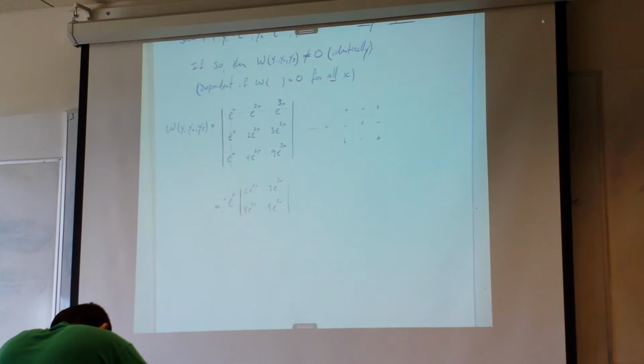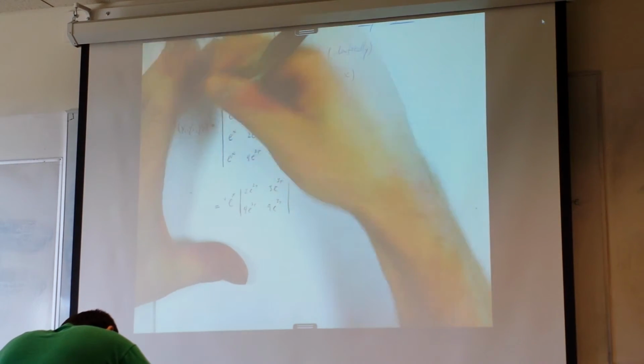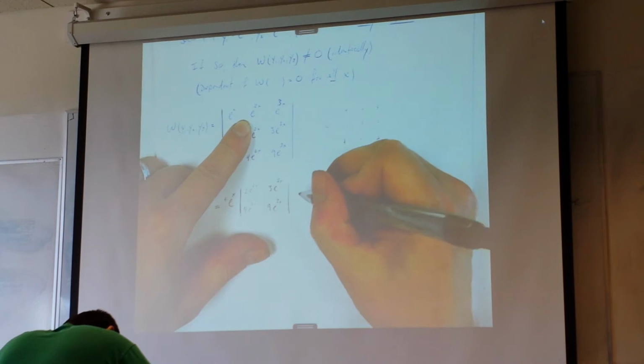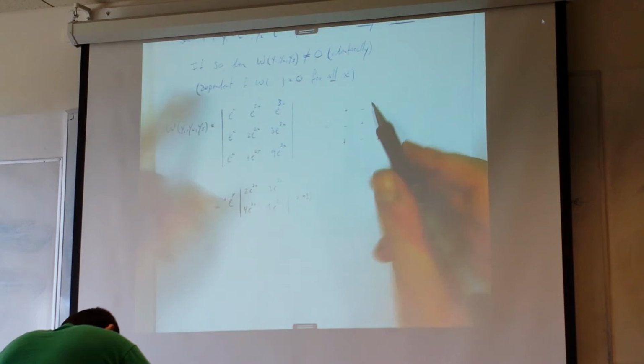Now, when I move to the next one, I have to remember that the sign alternates. So I'm expanding along the first row, so my next entry is going to be a negative. Or just minus.